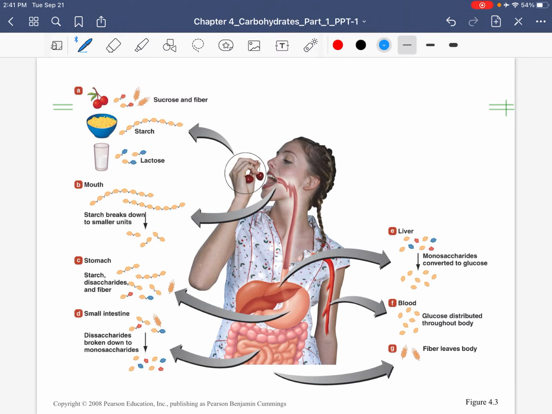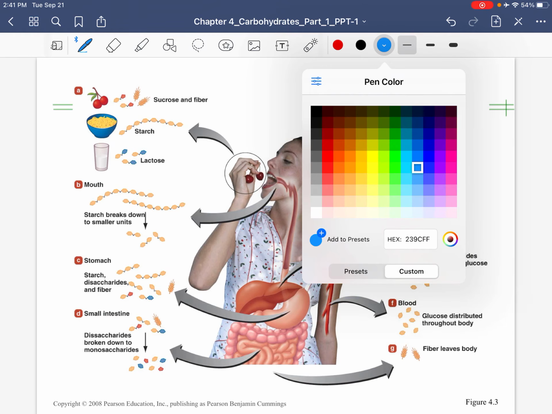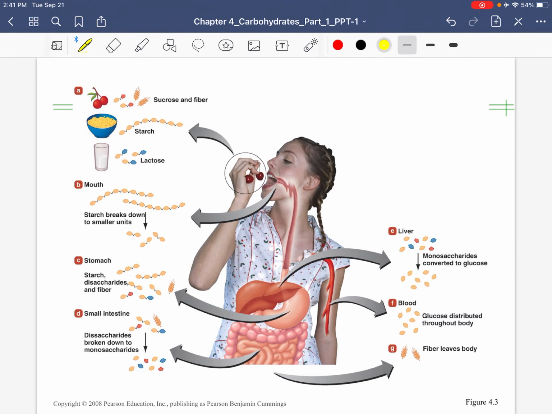This talks about the same stuff. This is just another way of looking at it. Let me use yellow because we have a nice visual here. I'm always a fan of reviewing as much as I can. We bring in the food. The oral cavity does mechanical digestion of all nutrients, but can begin to chemically digest starch. The food travels through the pharynx, down the esophagus, into the stomach.